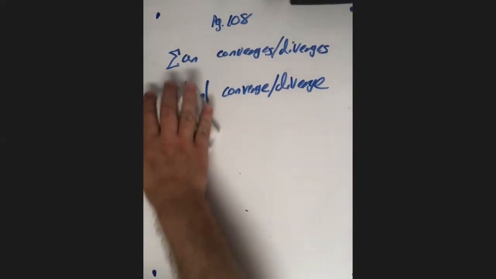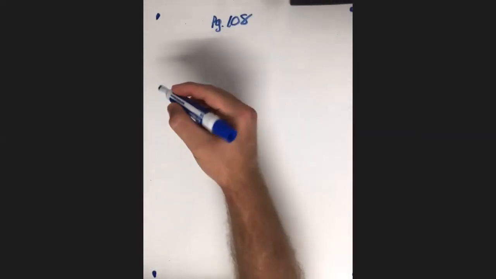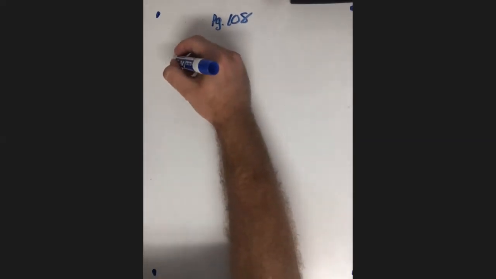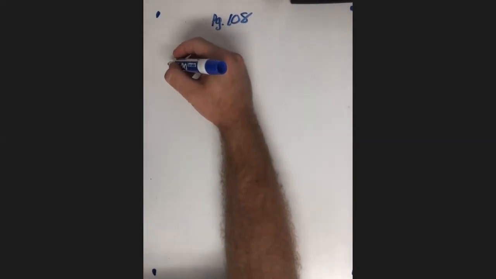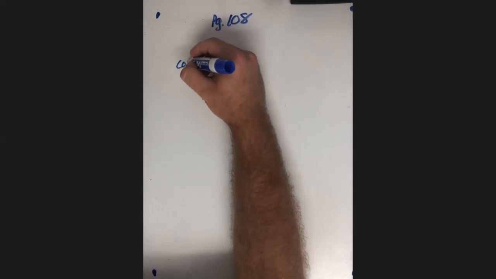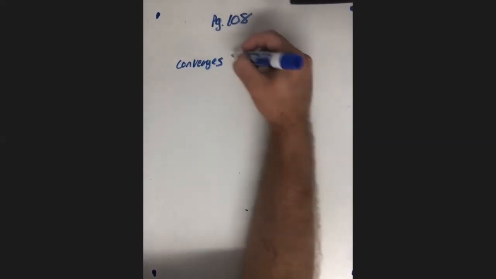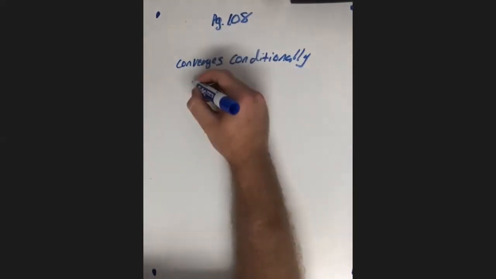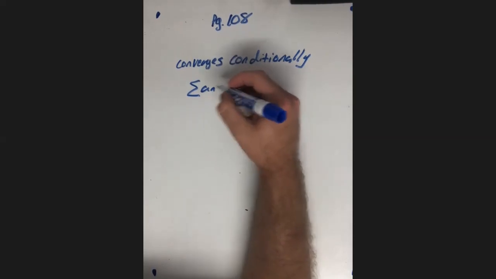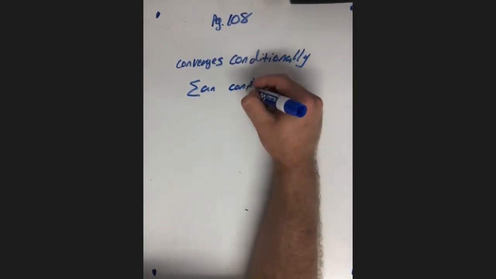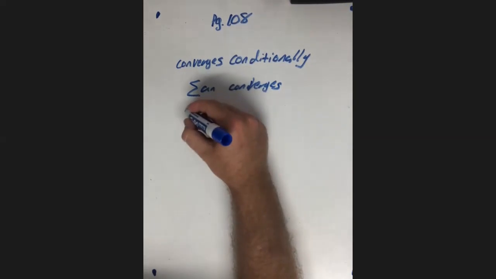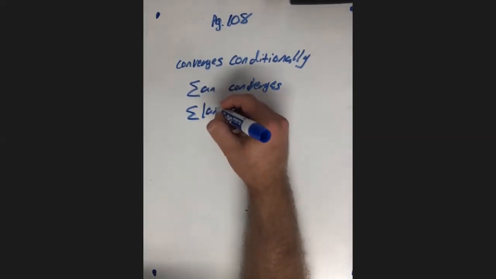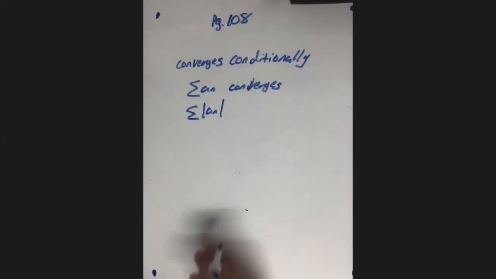Okay, so let's dive into one of these problems. The first problem we are going to look at here says determine whether each of these series converges conditionally, converges absolutely, or diverges. Converges conditionally means that the series A sub n converges, but the series of the absolute value is diverging.